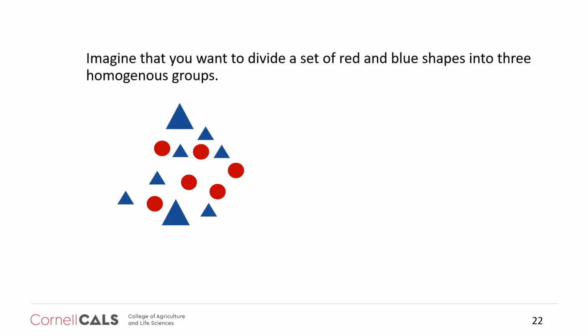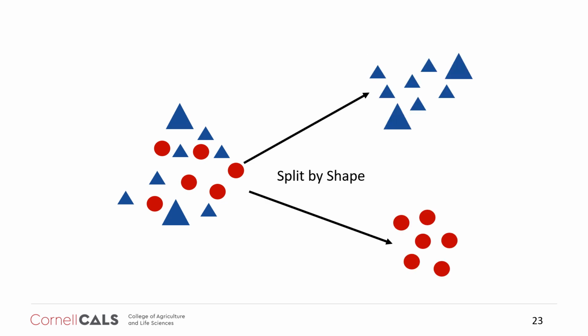Let's use a more easily understandable concept to illustrate how a classification and regression tree works. Imagine you want to divide a set of red and blue shapes into three homogeneous groups. You may figure out the biggest difference within this group is the shape.